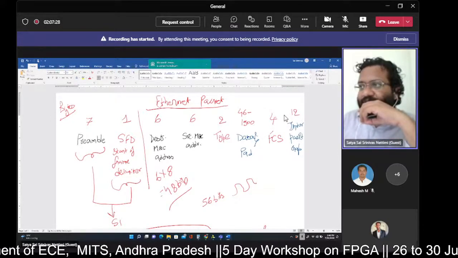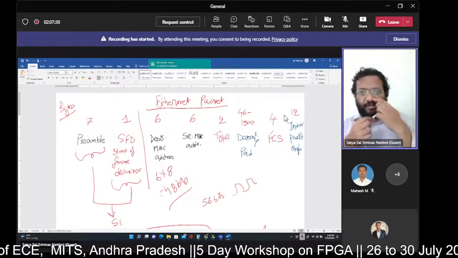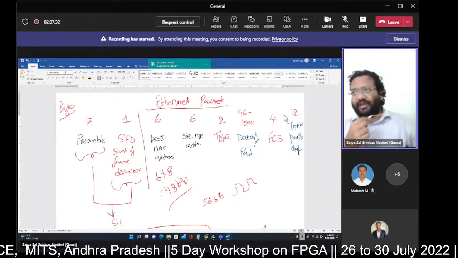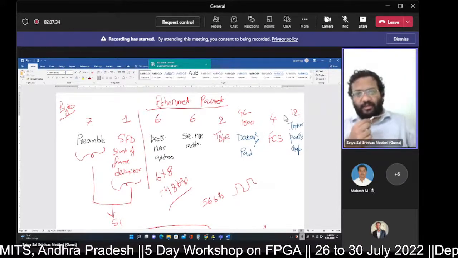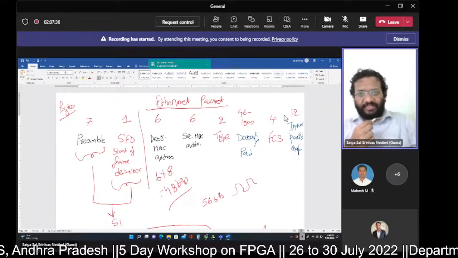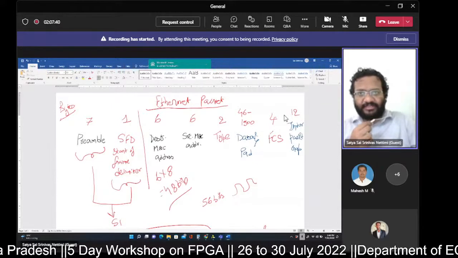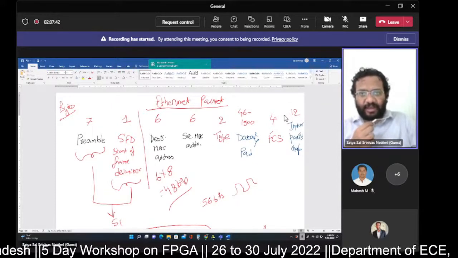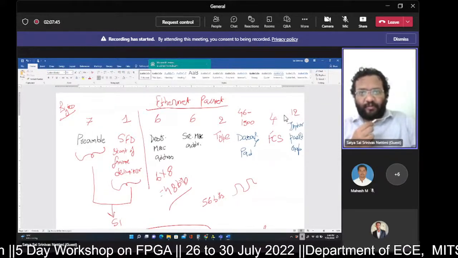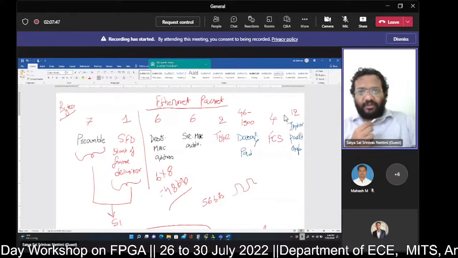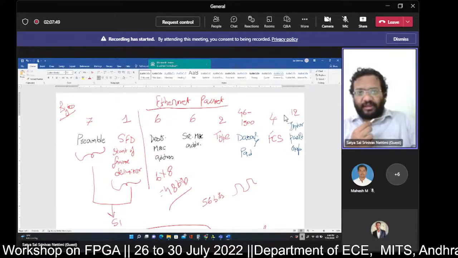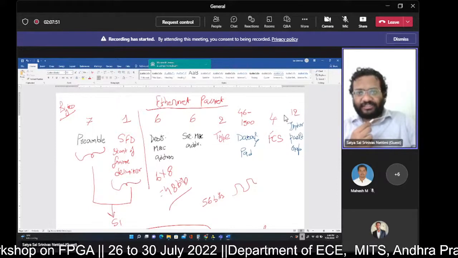We assume that the destination and source MAC addresses are provided by any preceding modules, because the main significance of the Ethernet packet generator is that it will generate the packet with respect to the provided information. So it won't be generating the MAC addresses for the destination and the source.